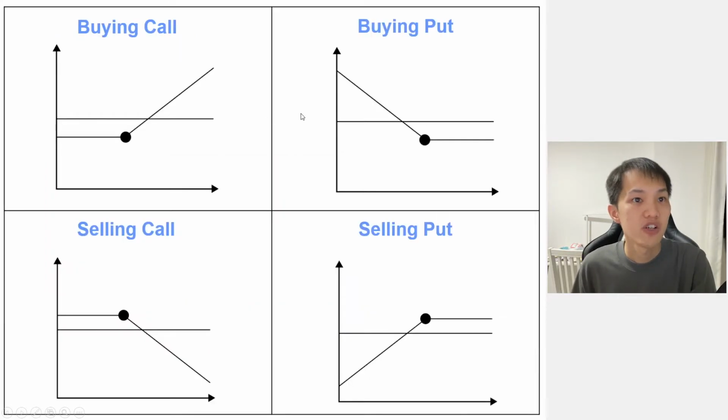Just now I mentioned that there are only two types of basic options, right? One is call options, one is put options. The diagram that I'm showing here is known as the payoff diagram. Let's look at the first one. If we buy a call option, the dot here represents the strike price.